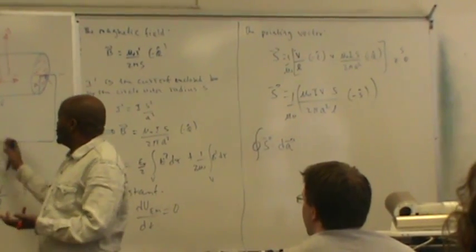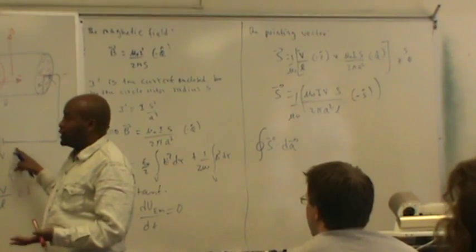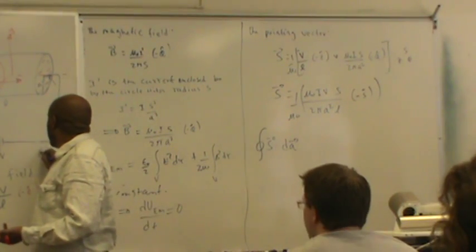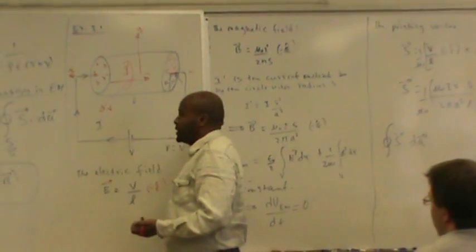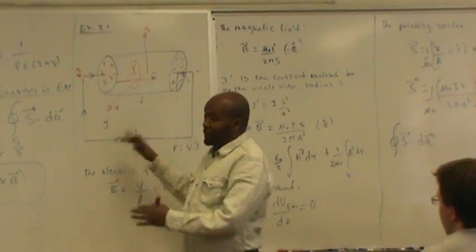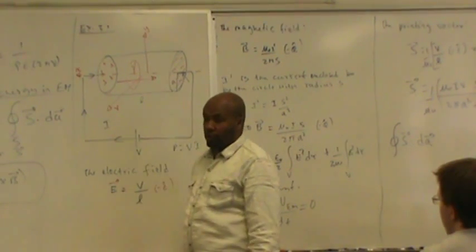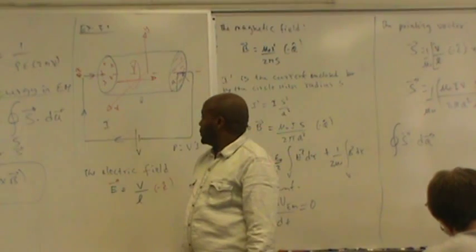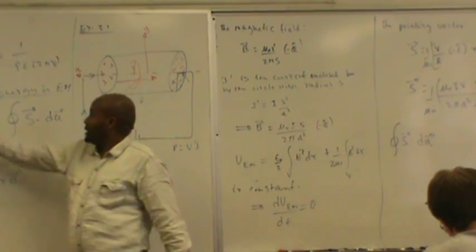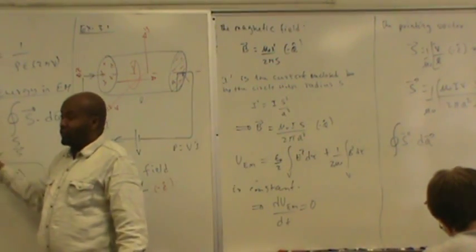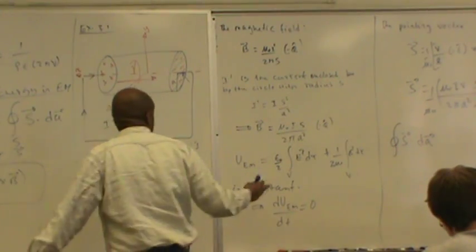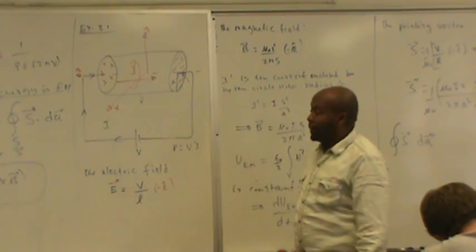You know for sure that this much energy per unit time, power equal to voltage times the current, is being supplied by the source. That's the rate of work done. We know the time derivative term is zero because the electric field energy and magnetic field energy are independent of time.